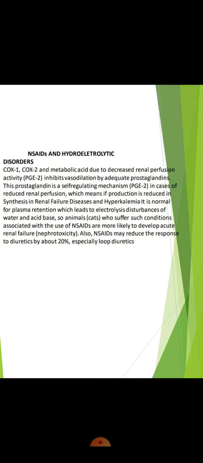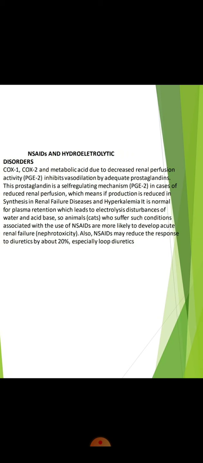PGE2, in cases of reduced renal perfusion, if production is reduced, in renal failure disease and hyperkalemia, it is normal for plasma retention, which leads to electrolyte disturbances of water and acid base.